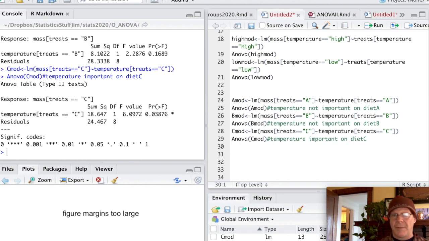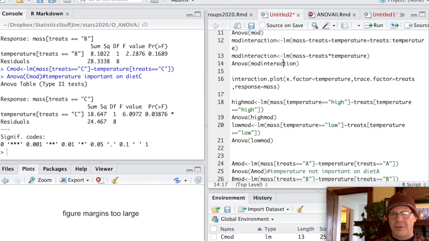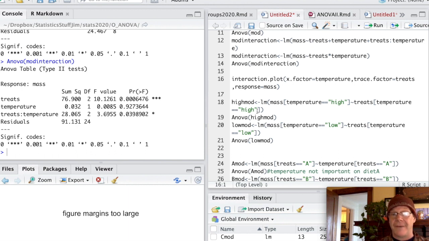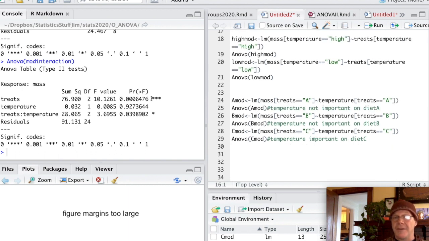So again, we would have been wrong if we go back to our original model and interpreted these main effects, because if we had interpreted these main effects, we would have said, oh, there's a real strong effect of treatments. But we actually now know that treatments aren't important across both temperatures. They're only important at one of the two temperatures. And likewise, we would have been wrong to say temperature plays absolutely no role. Temperature is not important.